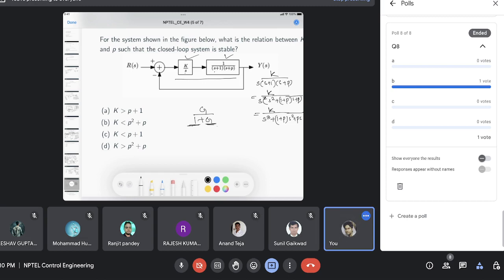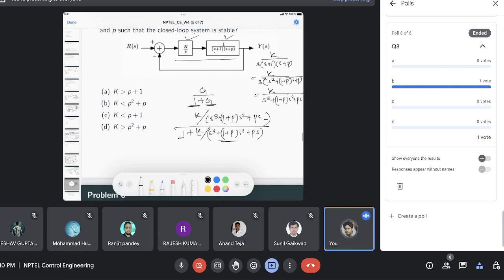Instead of g we have k by s cubed plus 1 plus p s square plus ps, divided by 1 plus k by the same term. You see that these two will cancel, only this term plus k will remain in the denominator. So in the denominator we have s cubed plus 1 plus p s square plus ps plus k, right?